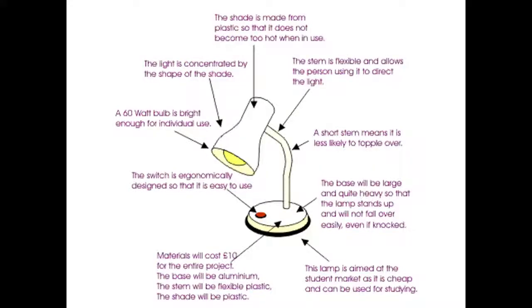If you go back to my yesterday's lamp exercise, we have written that the switch is ergonomically designed so that it is easy to use. We have a little problem with saying ergonomically designed.